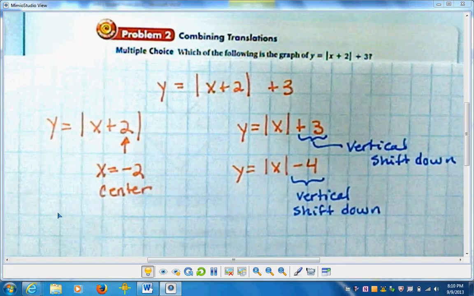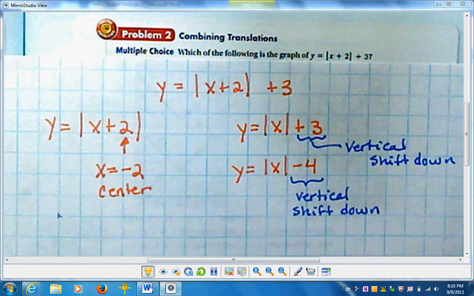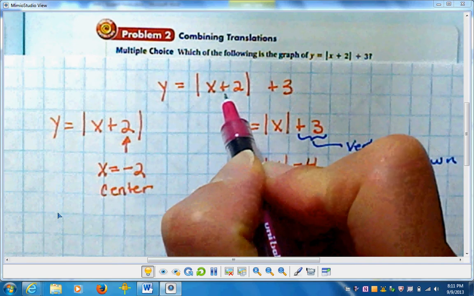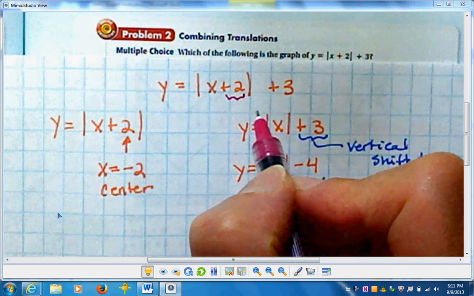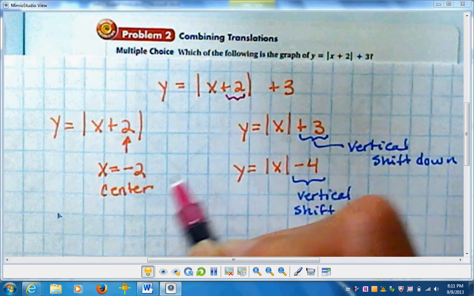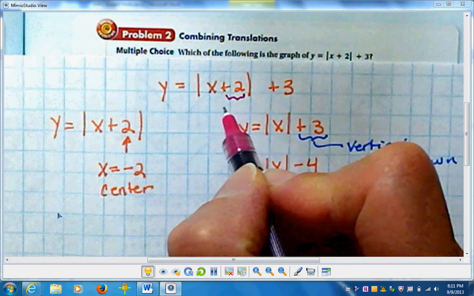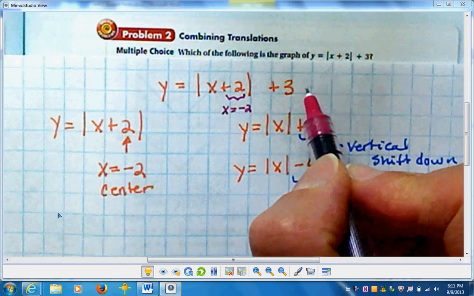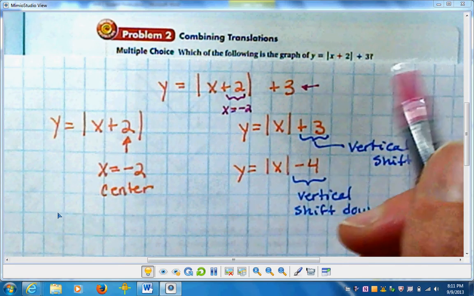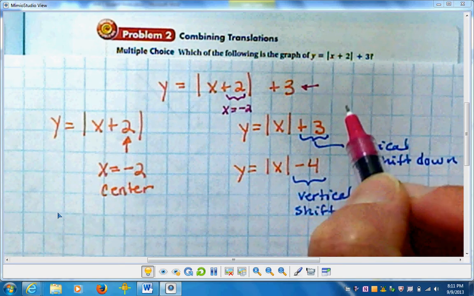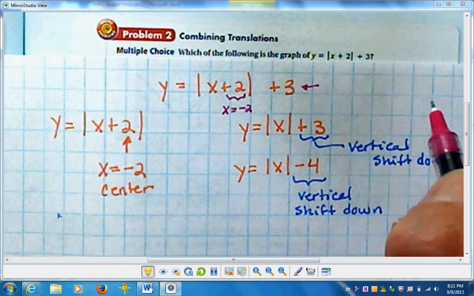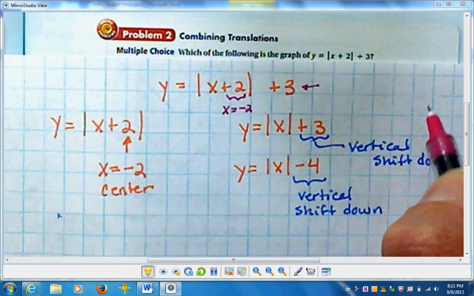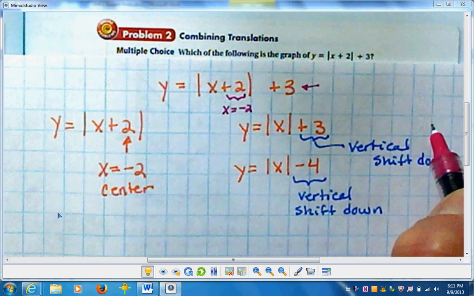Okay, so looking back at what we have and using what we already know, this here must be our center where x equals -2, and then this here must be our shift. When we're going up and down on our xy coordinate grid, we're talking about values of y.